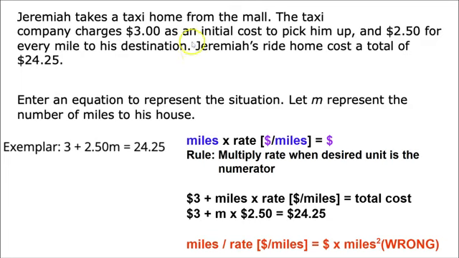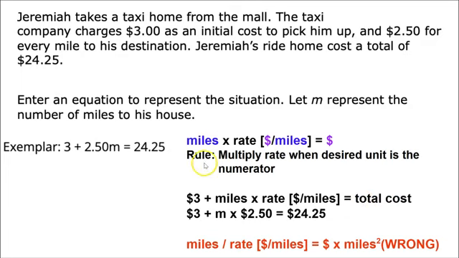When we look at this word problem, we know the initial flat fee that is first charged by the taxi is $3. So we know that that is being charged. What else we do know is the total cost that Jeremiah's ride home actually costs is $24.25. So that would be on the right side of the equation, which is the total cost.